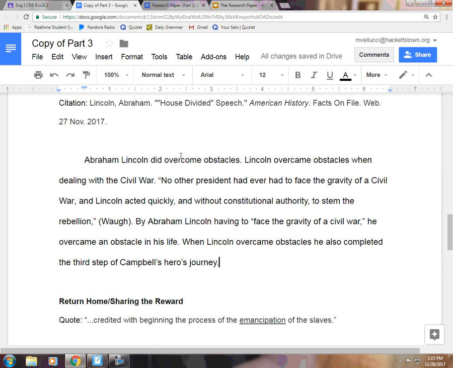Remember, we're only writing this paragraph to prove one point, and this is the point: Abraham Lincoln overcoming obstacles. Based on that idea, we should see his name and the phrase overcoming obstacles quite frequently. Okay, at this point, we're ready to complete our body paragraphs and get ready for step 4 of our hero research paper.